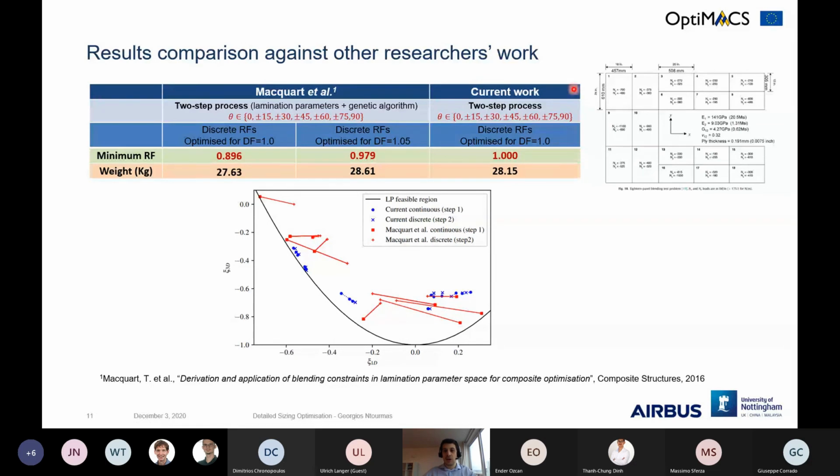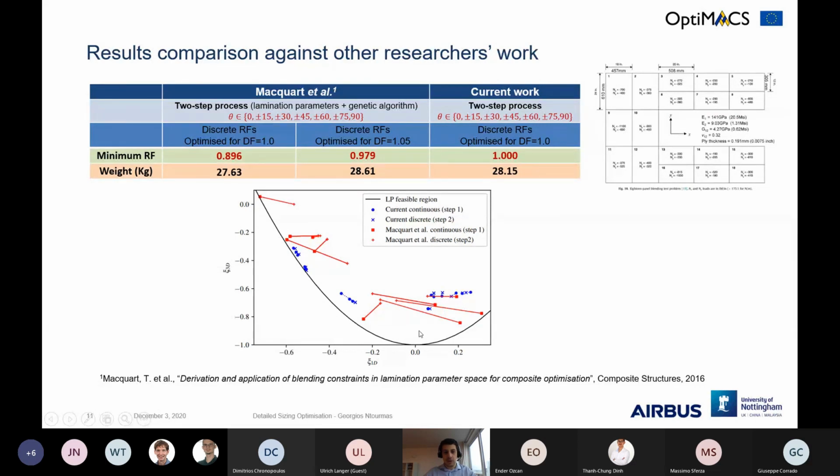But for our work, in one pass of this two-stage optimization, we are directly able to fulfill all of the physical constraints, which for this benchmark problem is only buckling. The effect I talked about can also be seen here, where we plot our results with the blue points and the results from the other researchers with the red points.